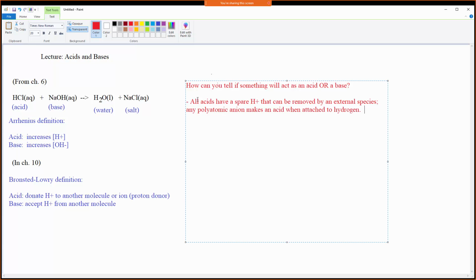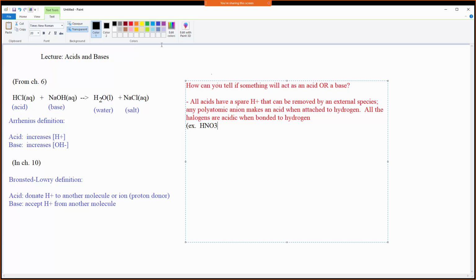Okay, additionally, all the halogens are acidic when bonded to hydrogen. So, for example, H with NO3, there's your nitrate polyatomic ion.